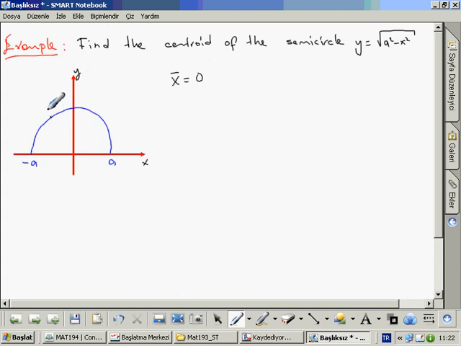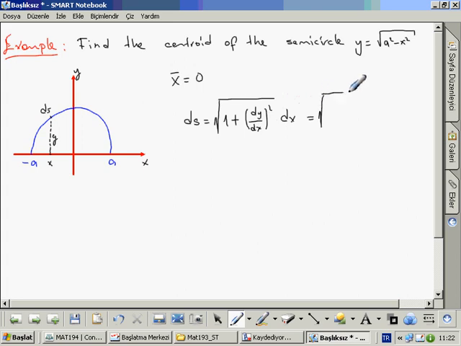Here, this is the x value and this is the y value, and del s equals the square root of 1 plus (del y over del x) squared, del x.